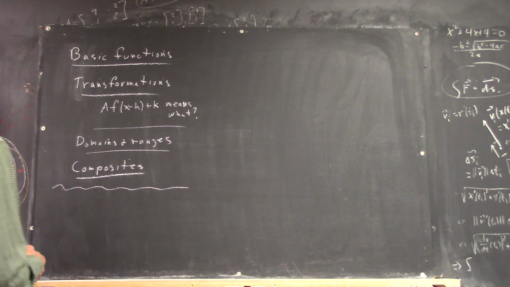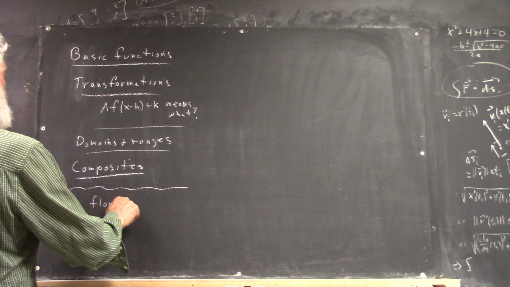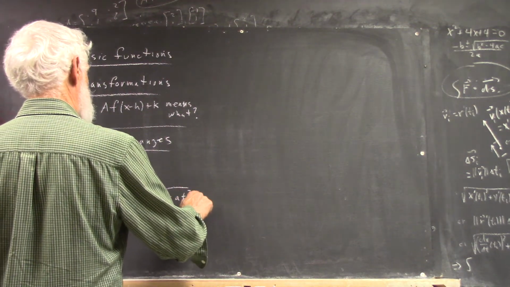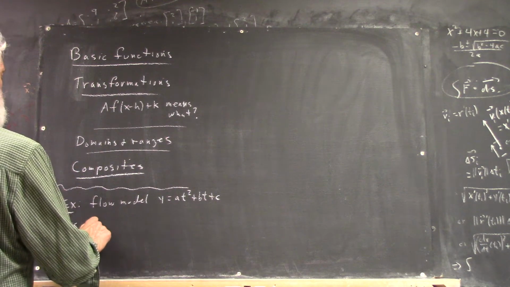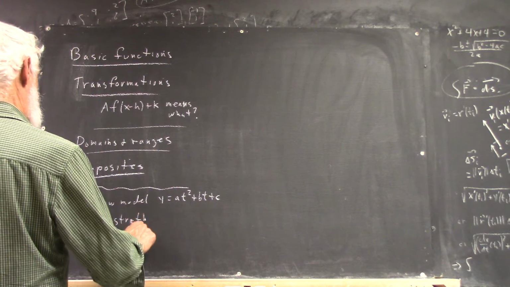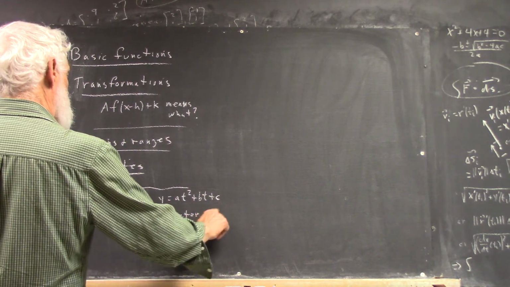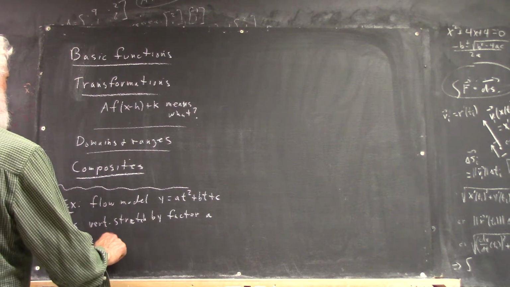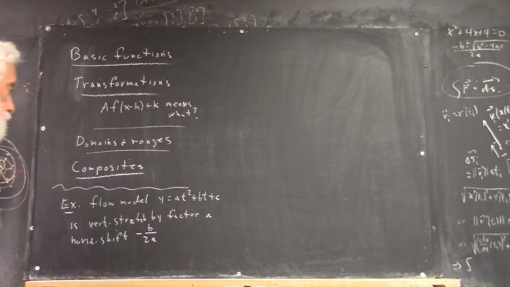Now, coming back to an example. Vertical stretch by factor A. Horizontal shift negative B over 2A.